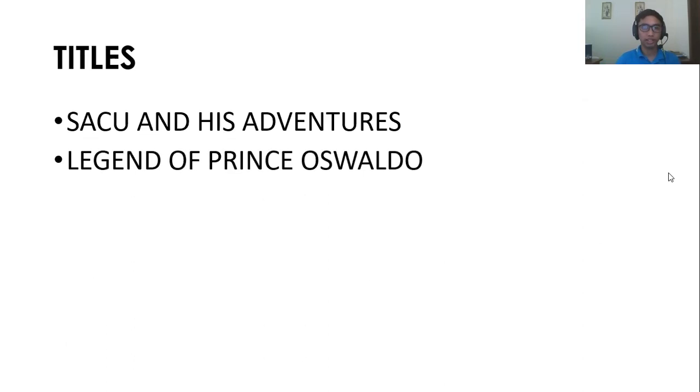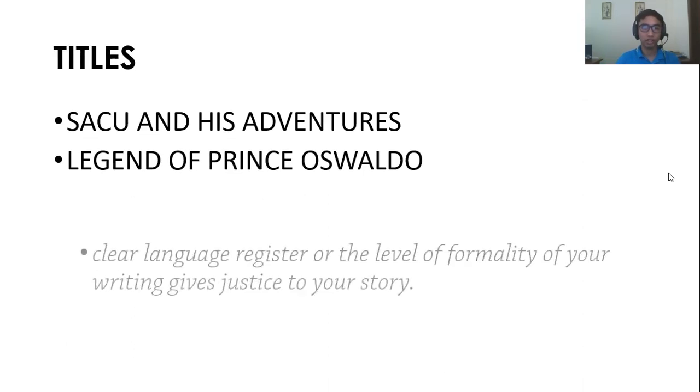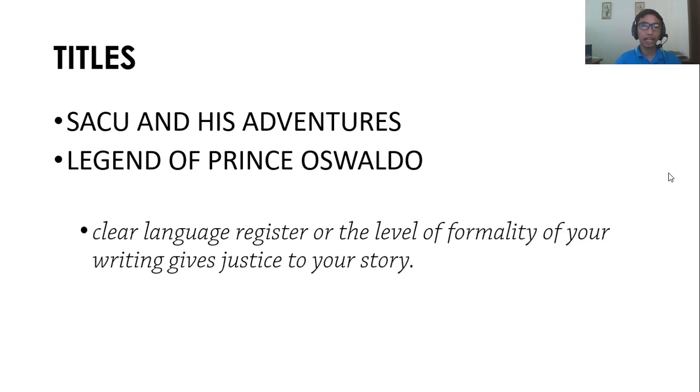I'm so sorry, it's here. Okay, the first one was Saku and His Adventures, then the Legend of Prince Oswaldo. A clear language register, or the level of formality of your writing, gives justice to your story. Like in the first one, right? Since we have this kind of creature here in the Philippines, we believe that this story happened here locally or in the provinces.